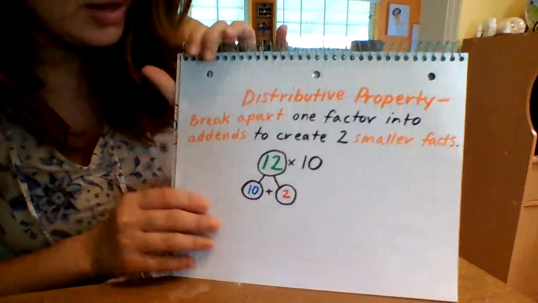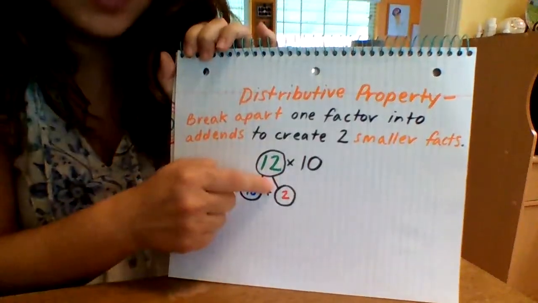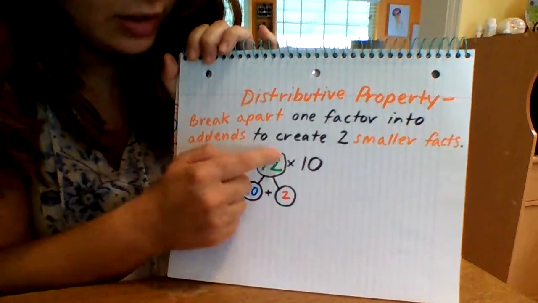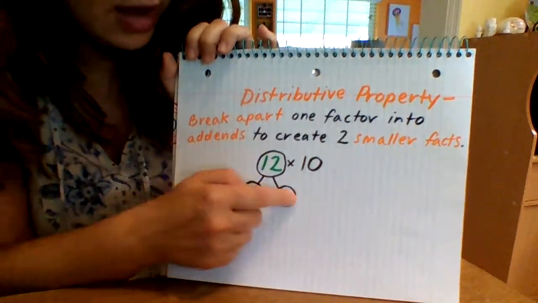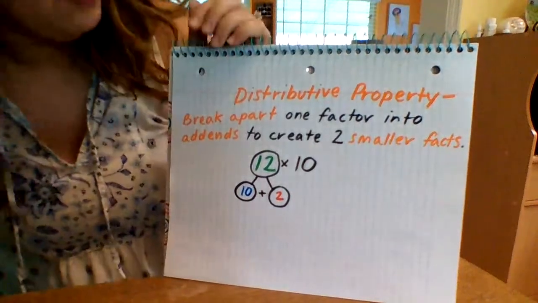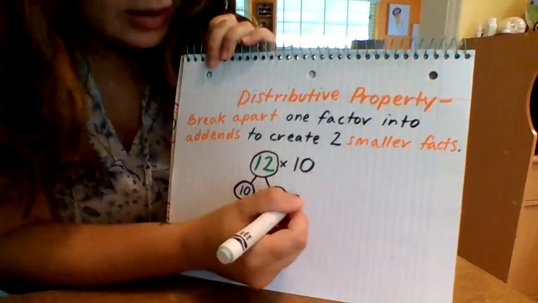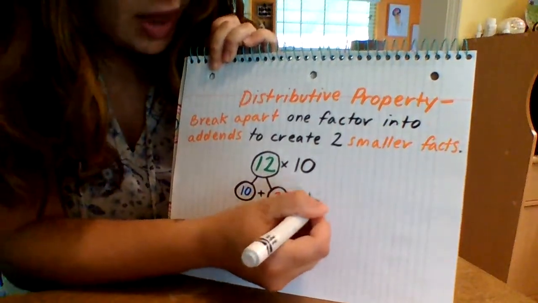So the divorce property says 12 breaks apart into its addends. So I like to say, right, this mommy and daddy, they get a divorce, 10 plus 2, okay? And even though they've gotten a divorce into 10 plus 2, they're both going to see baby 10, right?